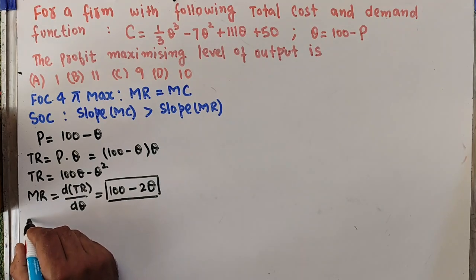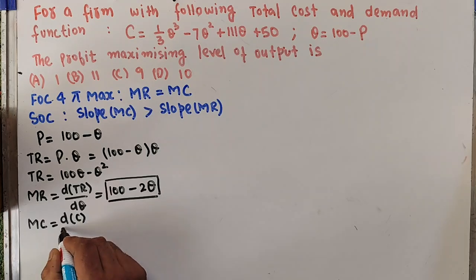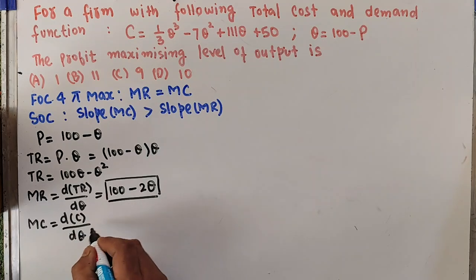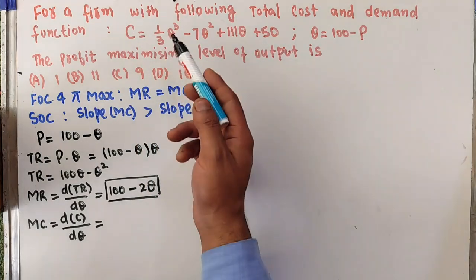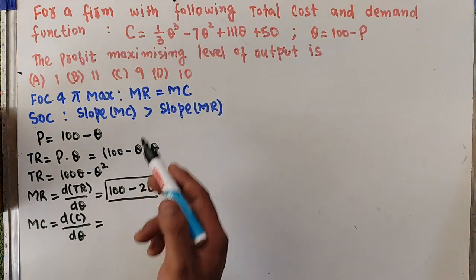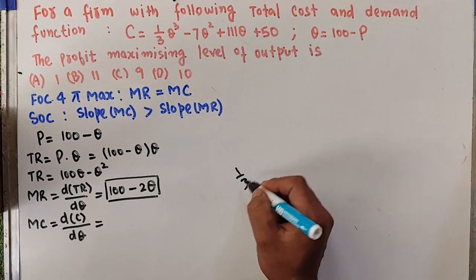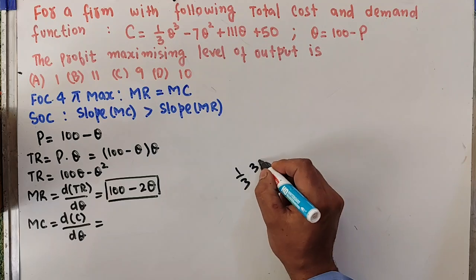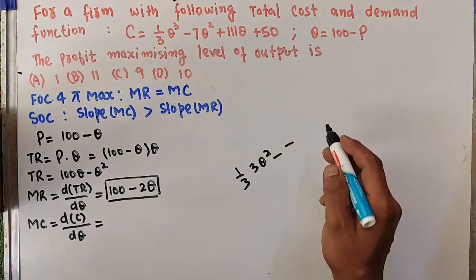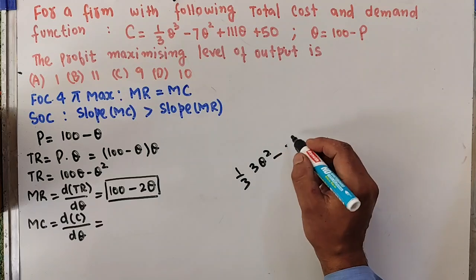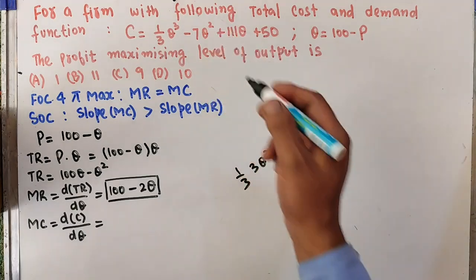Similarly, we need to find out the marginal cost function. That will be the change in the total cost due to the change in the output. That is the derivative of the cost function with respect to Q. So we have 1/3 times the derivative of Q cube, which is 3Q square by the power function rule, minus 7 times 2 raised to power Q, where the exponent is reduced by 1.